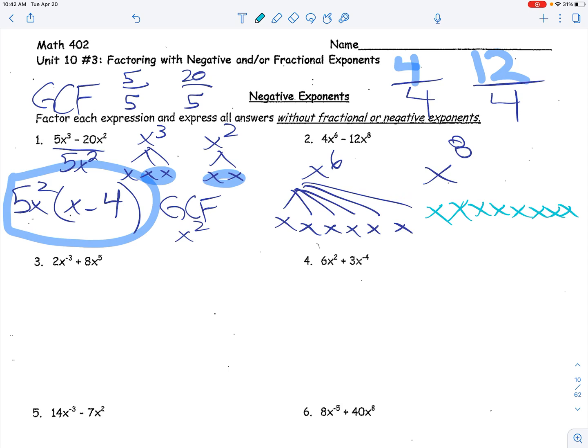It's the greatest amount of x's you can take out from both terms. You can take 6 from here, 6 from here. Can't take 7 from both.